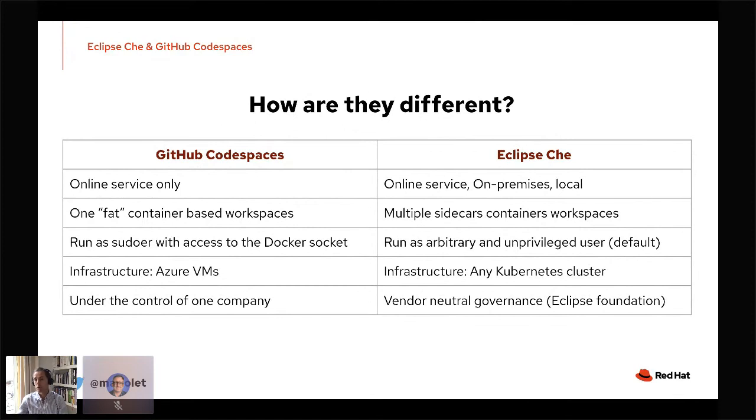There is a vendor neutral governance managed by the Eclipse Foundation. So it's safer for companies to contribute to Eclipse Che than to Visual Studio Code. And for Codespaces, the code that provisions those workspaces is not open source, so it's not even possible to contribute or to read the code.